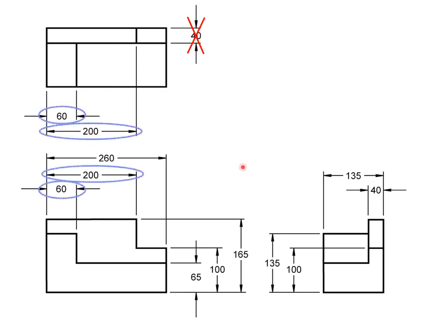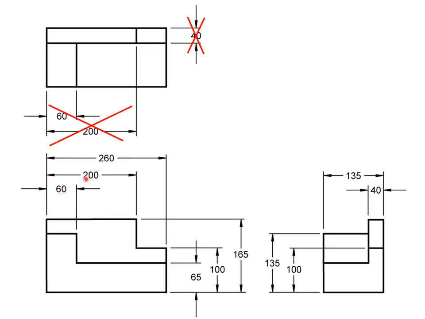Okay, so now the decision is which ones do we get rid of? So you try and group dimensions together, right? So we can either keep the 60 and 200 on top, or we can group it with the 260. So it makes more sense to keep the ones in the front view, eliminate the ones on top, and that way we can group the 60, 200, and 260 all together as one large group.